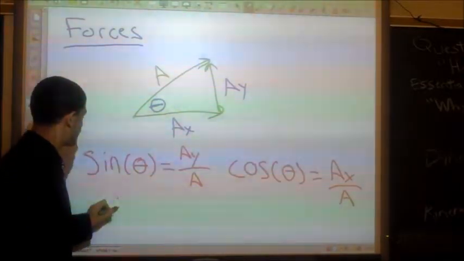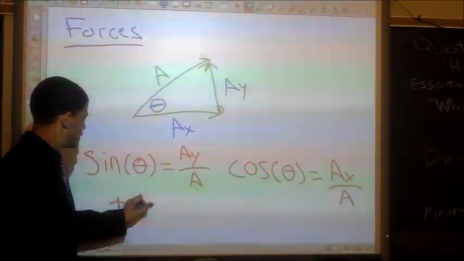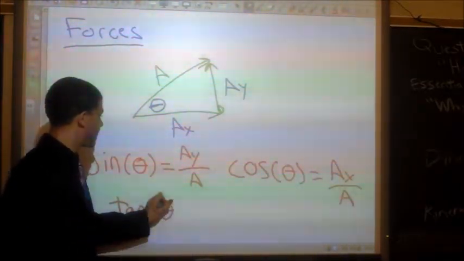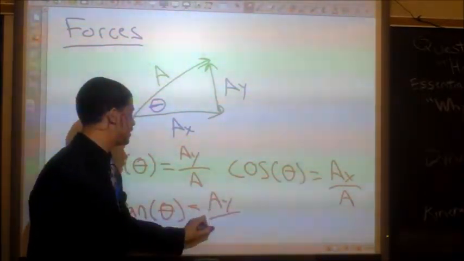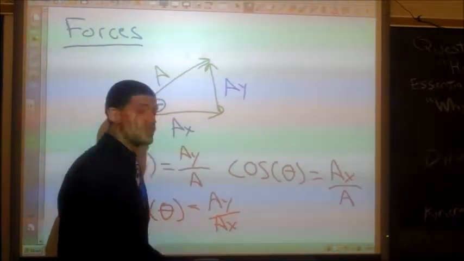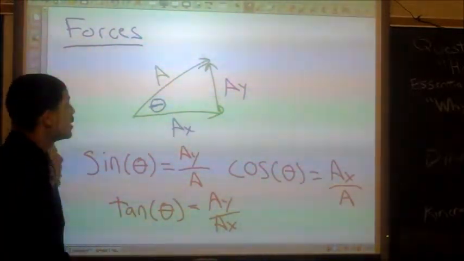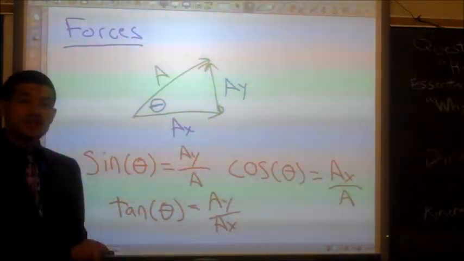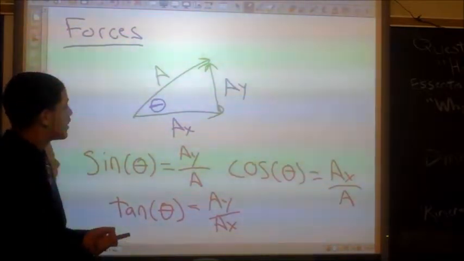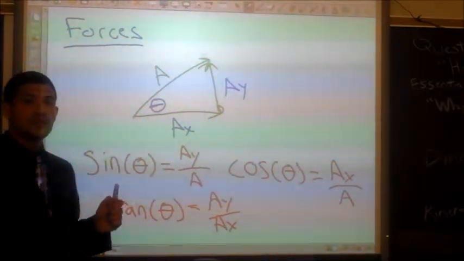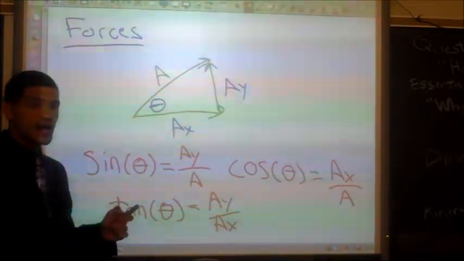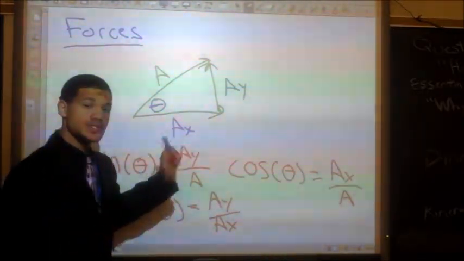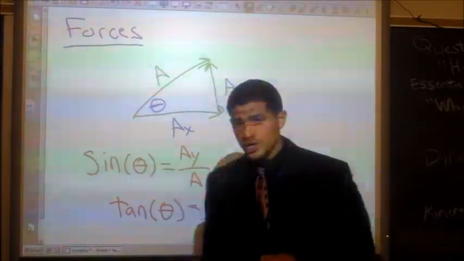We also have tangent of theta equals A of y, which is opposite, over A of x, which is our adjacent. With vectors, whenever we're given a resultant, we usually, not in all cases, want to break up that resultant vector into its x and y components.